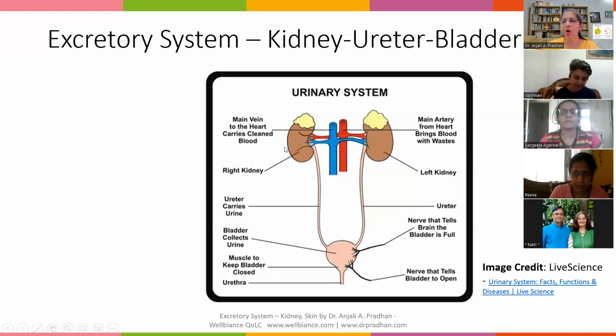The outer shape is convex and inner is concave. Okay, and they are present retroperitoneal, that is outside of the peritoneum on the dorsal side of the body, that is पीछे से. आगे नहीं आते हैं, पीछे रहते हैं.